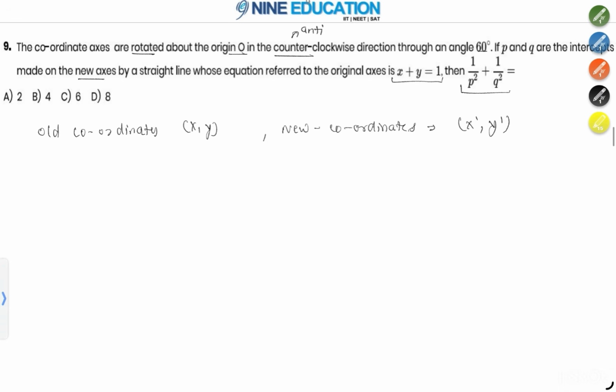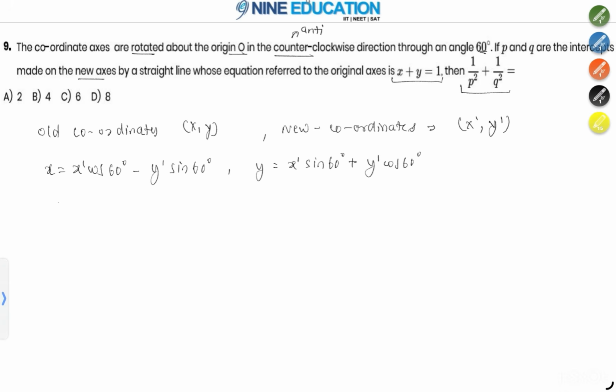So we have the relation x is equal to x dash cos 60 degrees, as the rotation is happening by 60 degrees, minus y dash sin 60 degrees, and y equals x dash sin 60 degrees plus y dash cos 60 degrees.